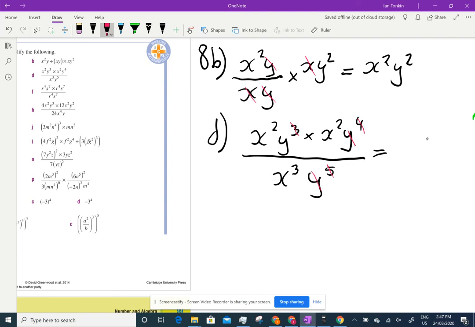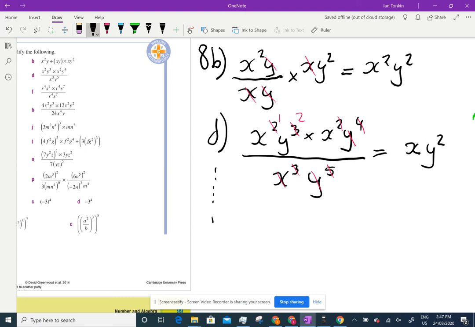There are 4 there, and I'll take 1 from there, so I've got 2. And 3 x's from the bottom, so take 2 away from there and 1. So now all I've got is an x to the 1, I don't need to write the 1, and a y squared. But you've got to show that cancelling. So that was 8D. Yep.